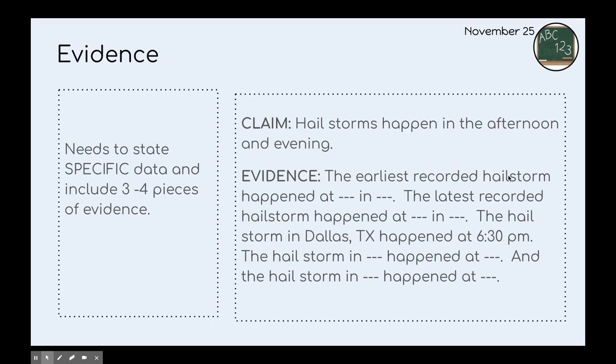Okay, so the earliest recorded hailstorm happened at, I would put in a time in location. The latest recorded hailstorm happened at time in location. For example, a little more specifically, the hailstorm in Dallas, Texas happened at 6:30 p.m. And then I could list 2 to 3 more examples.